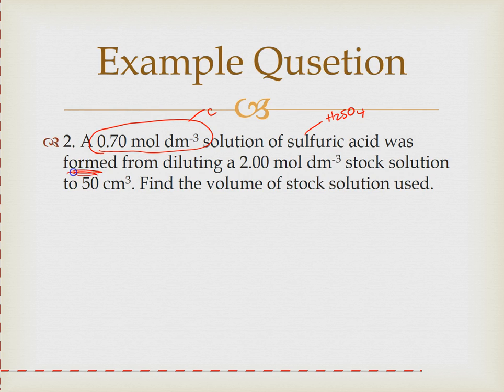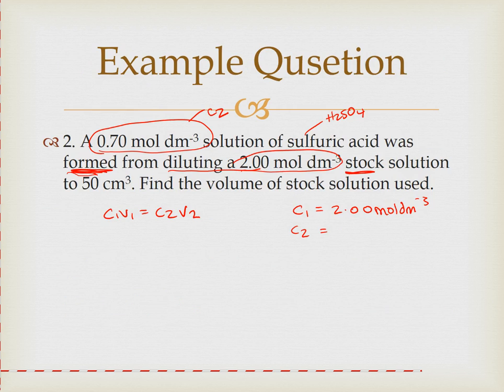So this tells me that this is where I finished up, so that's got to be C2. From diluting, so this tells me I can use C1V1 equals C2V2. And a 2 molar stock solution confirms that this is my initial concentration. So C1 is 2.00 moles per decimeter cubed.